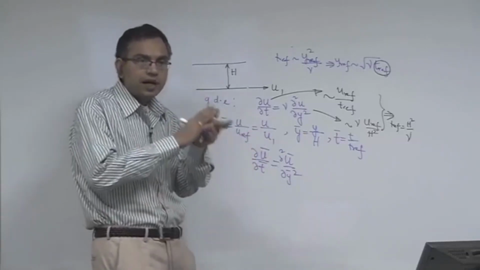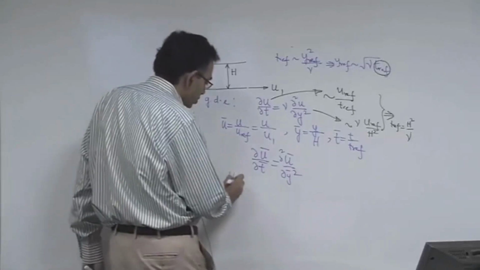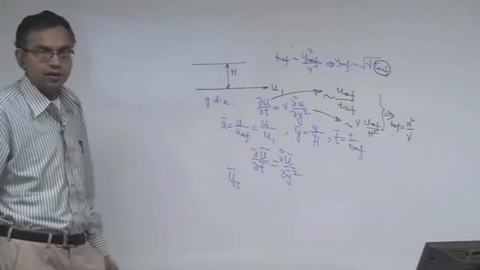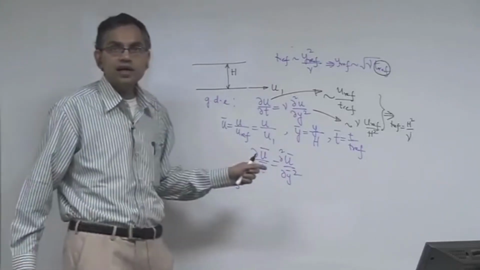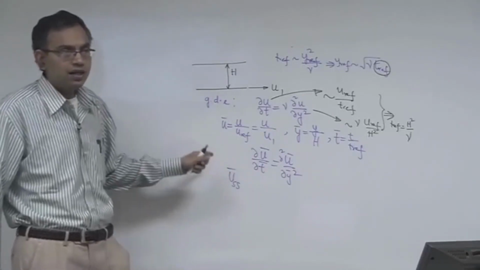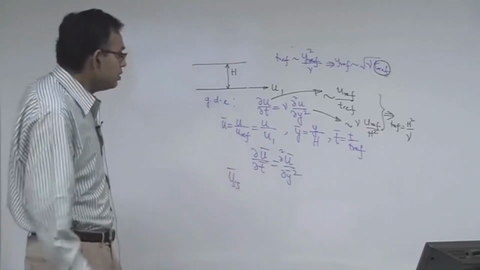So, we will separate that out from the steady part of the solution. So, let USS be the steady state solution to this problem. What is USS? USS bar means the non-dimensional steady state version of the solution to this problem.